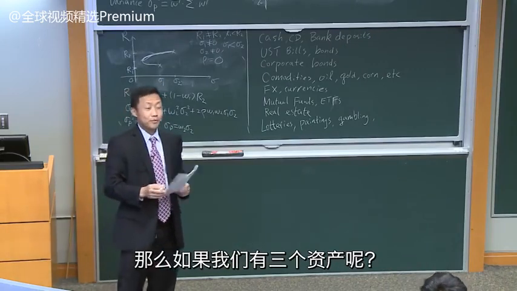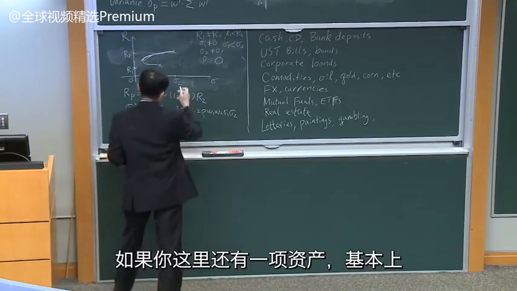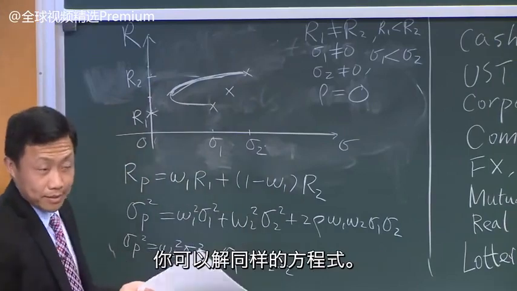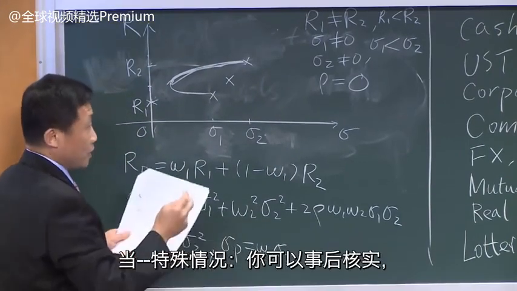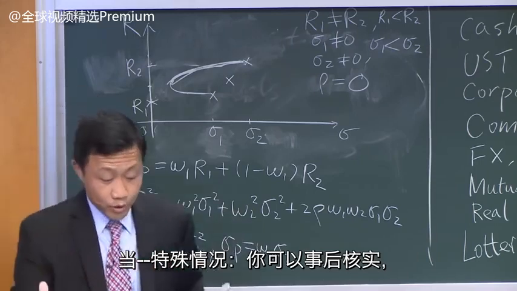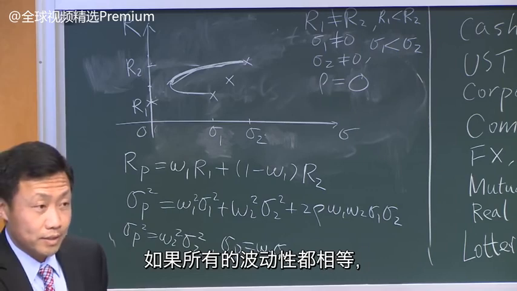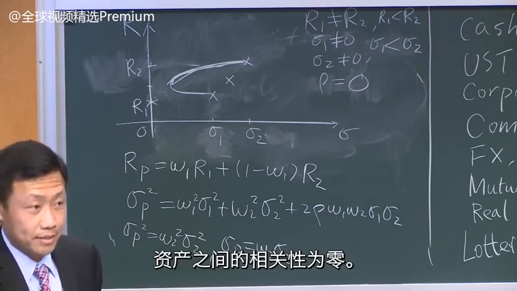So then what if we have three assets, right? Let me just touch upon that very quickly. If you have one more asset here, essentially you can solve the same equations. And in the special case, you can verify afterwards, all the volatilities are equal, and there is zero correlation among the assets.